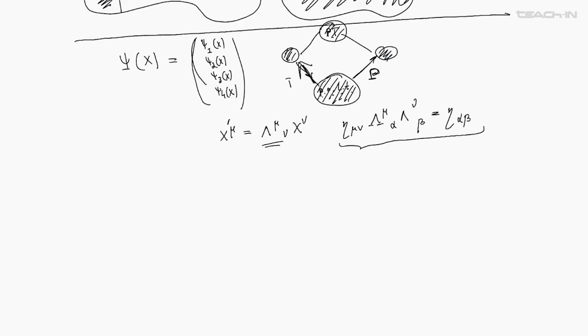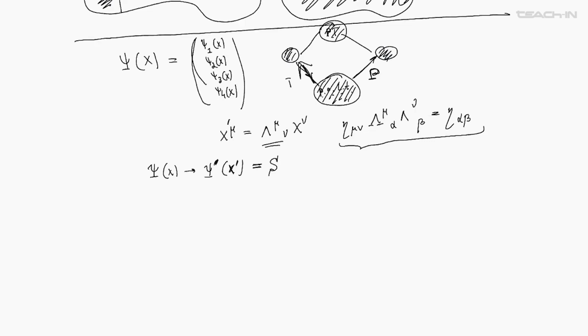Now, it is very natural to assume that what happens under a Lorentz transformation is that our wave function psi of x goes to psi prime depending on the transformed point x prime, which is related to the old function psi of x by means of application of some matrix S, which we don't know, but which we need to find, acting on psi of x.